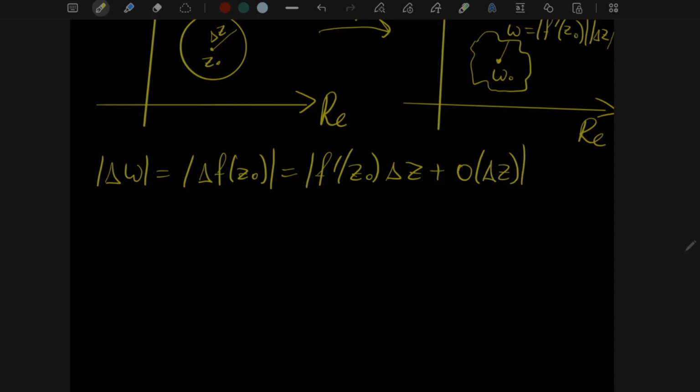So we have, by definition of our derivatives and differentiable functions, this result here with little o, and of course as z approaches z0, so delta z approaches 0, it will approach the absolute value of f prime of z0 multiplied by the absolute value of delta z.